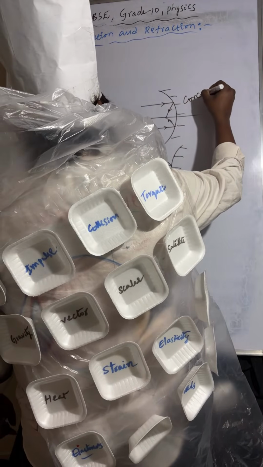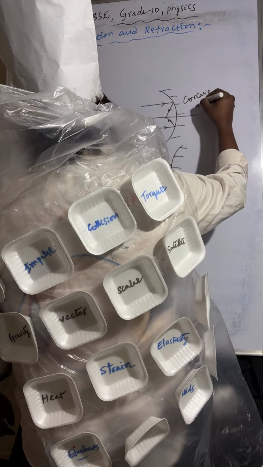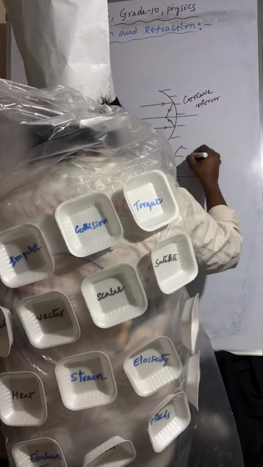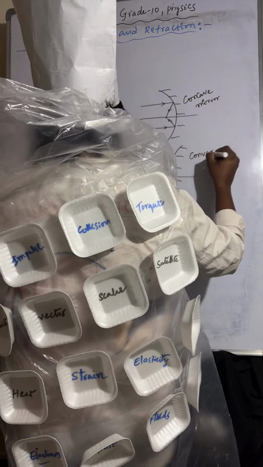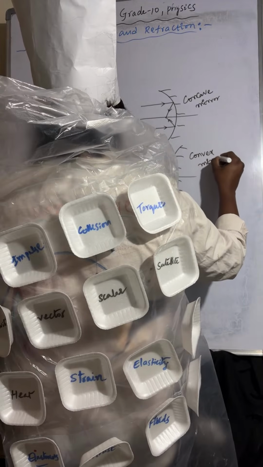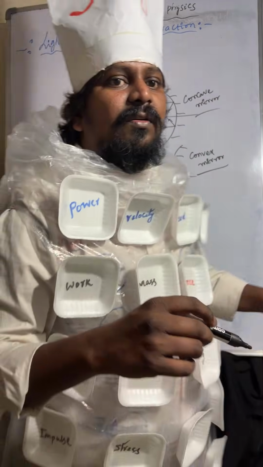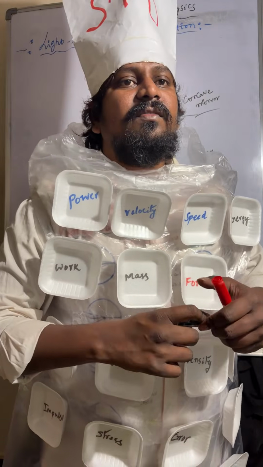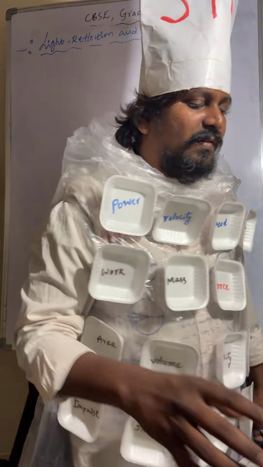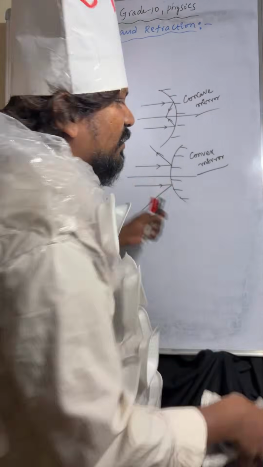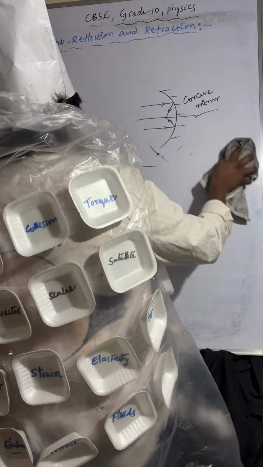This is the concave mirror, and this one is the convex mirror. Now we'll draw the ray rules of the concave mirror and convex mirror. Let's start.